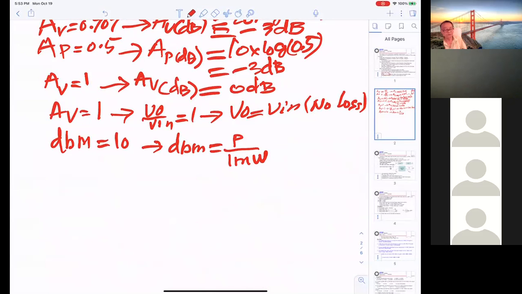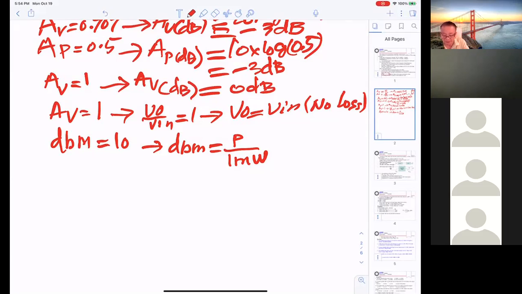Or you measure power out and you get 10 dBm, then you want to know what the P out is. So P here is just the power, no matter what. Okay. So now I say I measure power, I get 10 dBm. I need to do a calculation to see what that power is in watt or milliwatt.